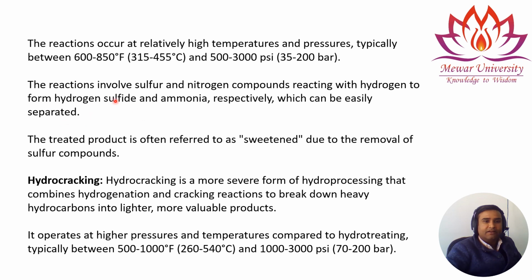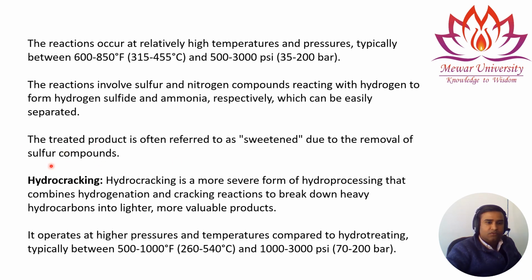So by reacting with the hydrogen, the impurity can be easily separated. The treated product is often referred to as sweetened due to removal of sulfur compounds. The petroleum fraction which is free from sulfur compounds is called sweetened, and if there is a presence of sulfur compounds, it is called sour.